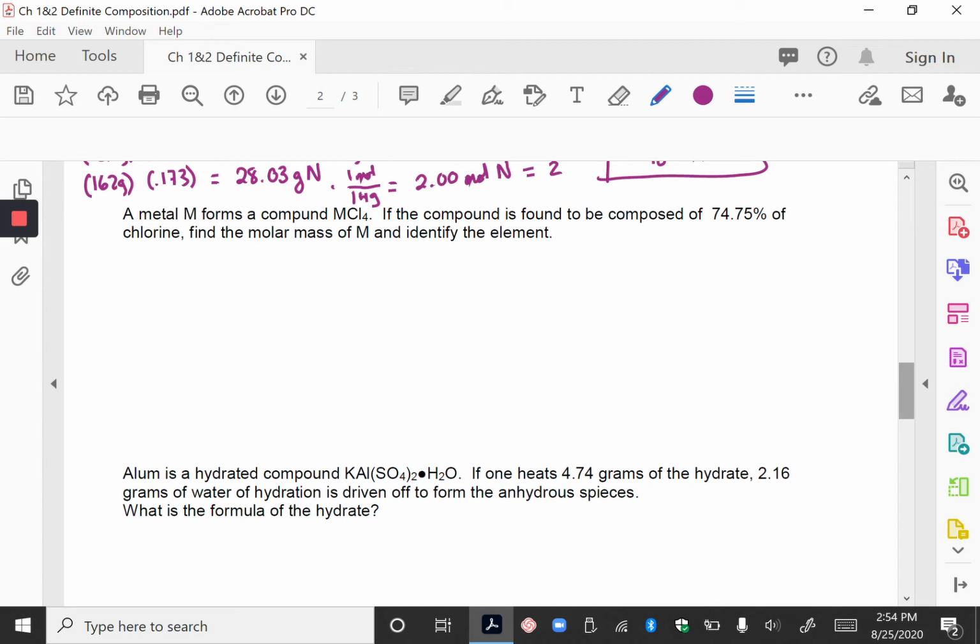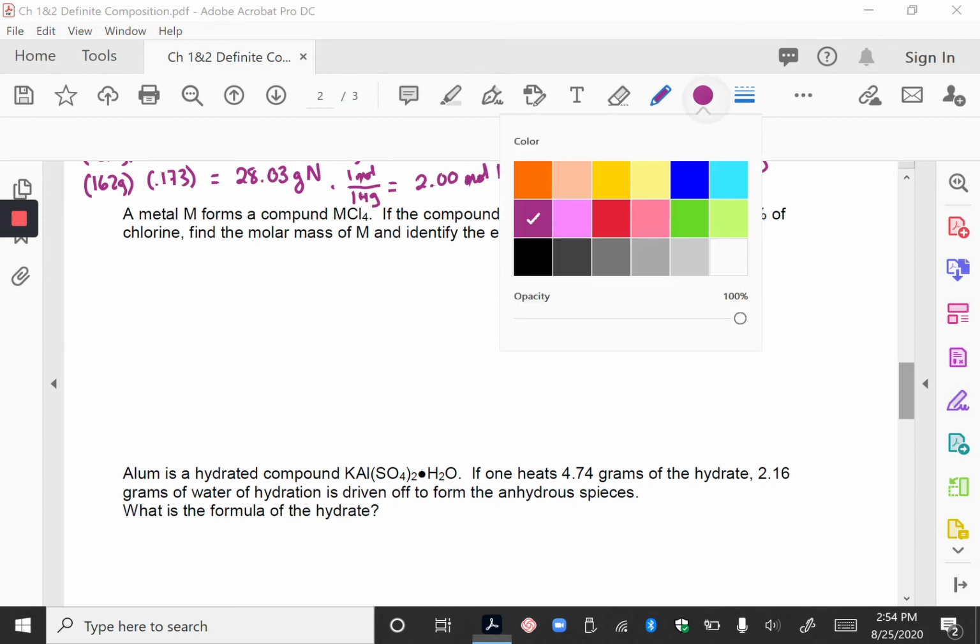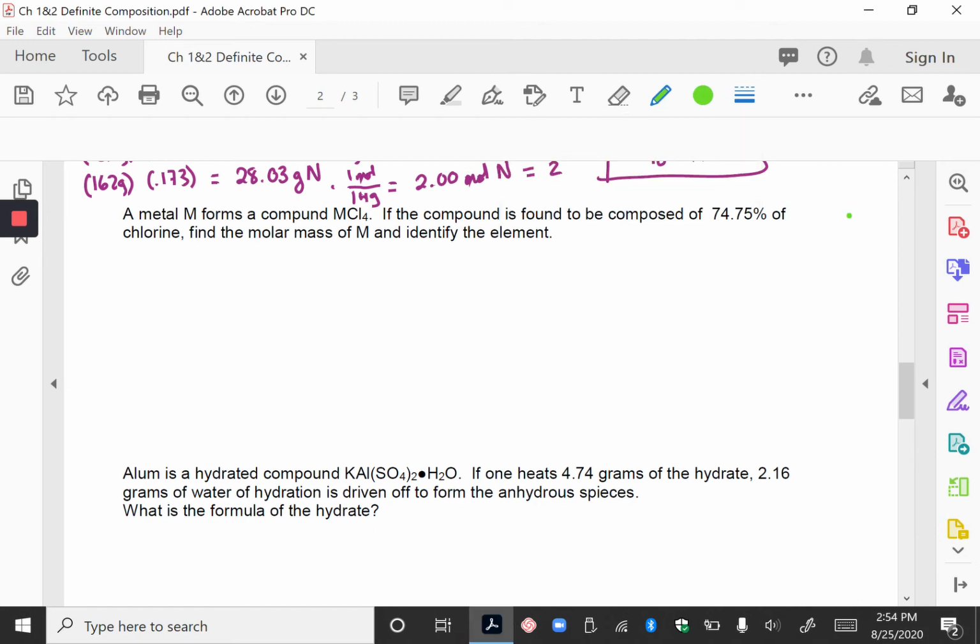So what are we trying to find? Well, we're trying to find the molar mass of M, and based on the molar mass, we want the identity of M. So let's think about molar mass. How do you measure or report molar mass? Well, molar mass is in grams per mole, right?